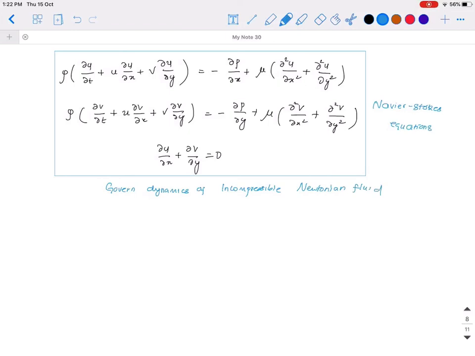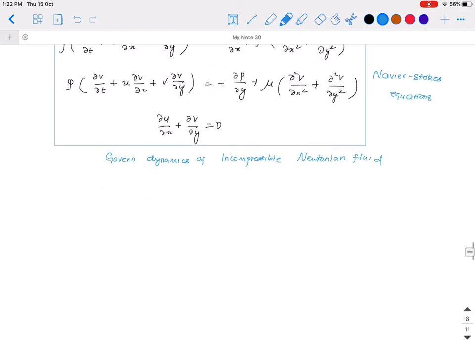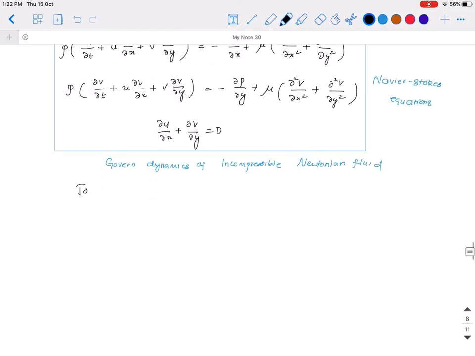Now we have total unknowns. Let us write for 3D: 3 velocities plus 1 which is pressure, so there are 4 unknowns.